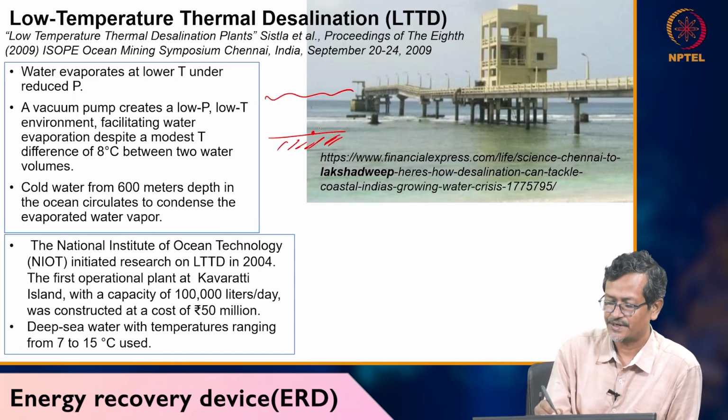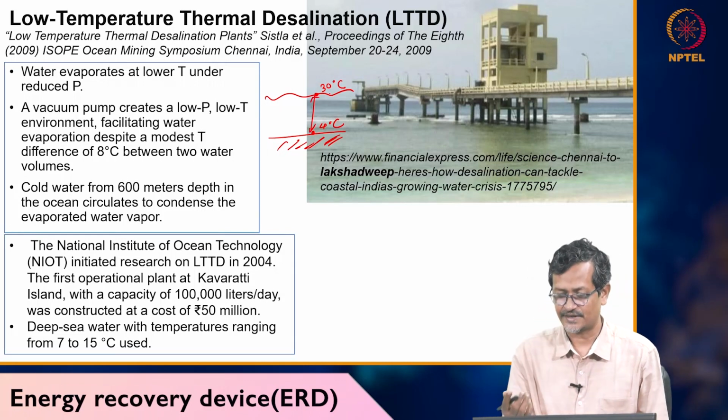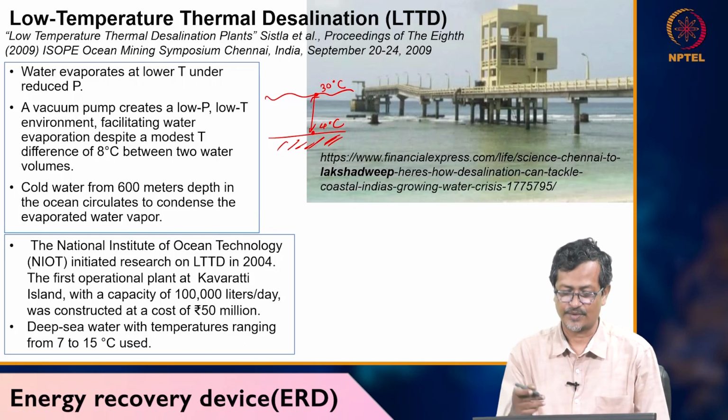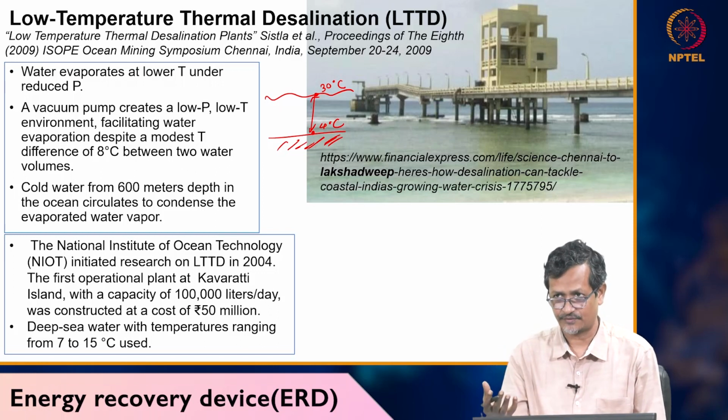Sea bed temperature, you already know, is about 4 degree, and sea surface temperature near Chennai will be around 28-30 degree, right. So, you have a temperature difference between 4 degree and 30 degree. Using that, they are running their low temperature desalination system. At low temperature they are getting low pressure, and because of that they are generating lots of water for Lakshadweep people.